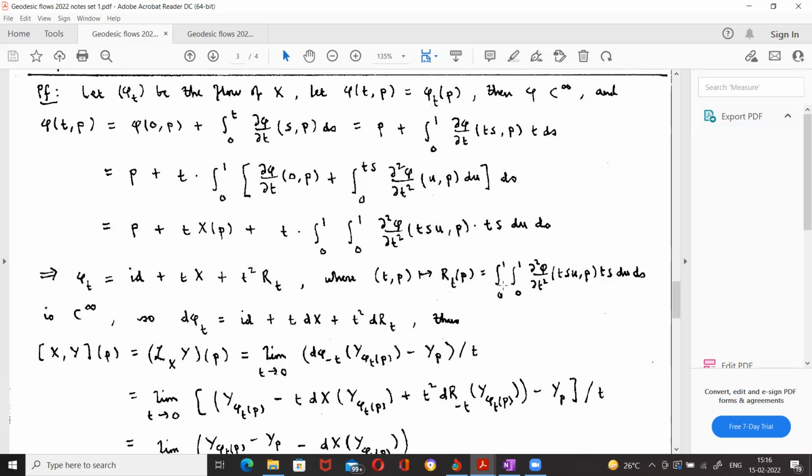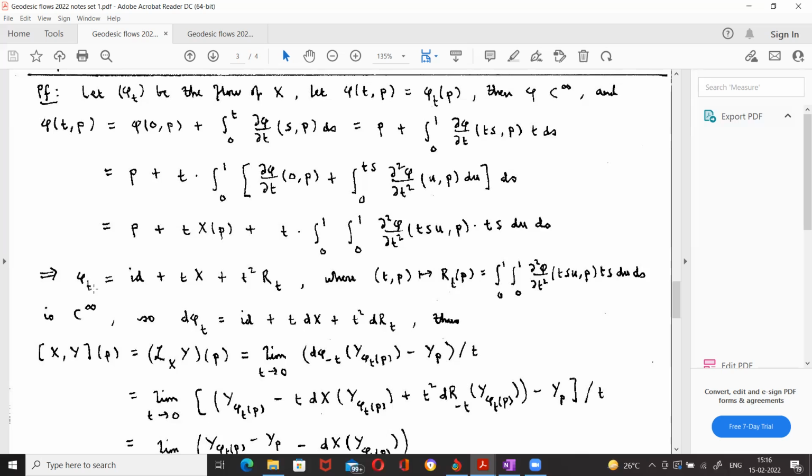This is this integral from 0 to 1, 0 to 1, del squared phi del t squared, ts u comma p. And there's no t here. This is a typo. It should be just s, du ds. Sorry, that's a typo.